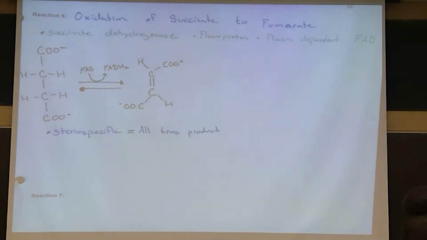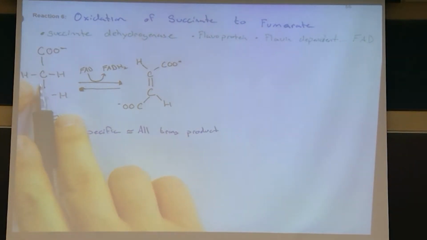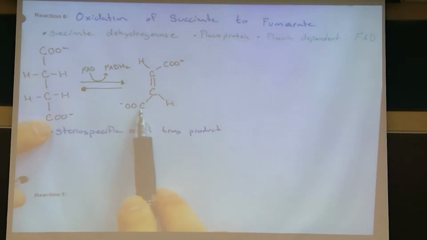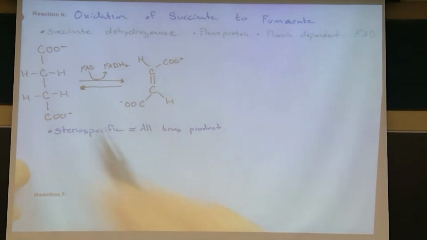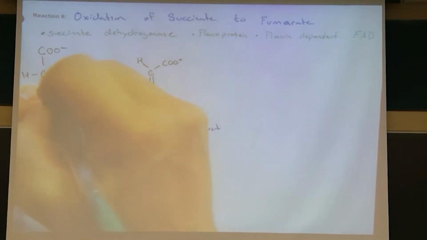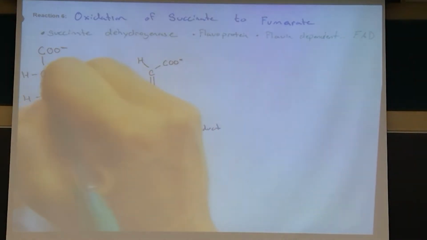For your exam, you should be able to calculate oxidation states, right? What is the change of oxidation state? Clearly, nothing's happening to this carbon. Nothing's happening to this carbon, but these two carbons have changed. What would the oxidation state of this carbon be? -2.